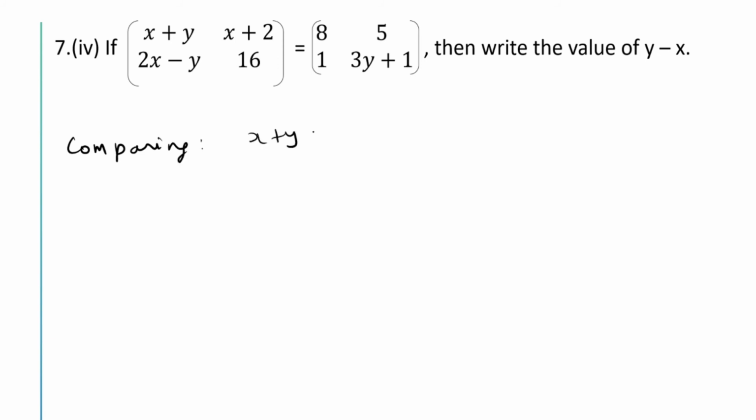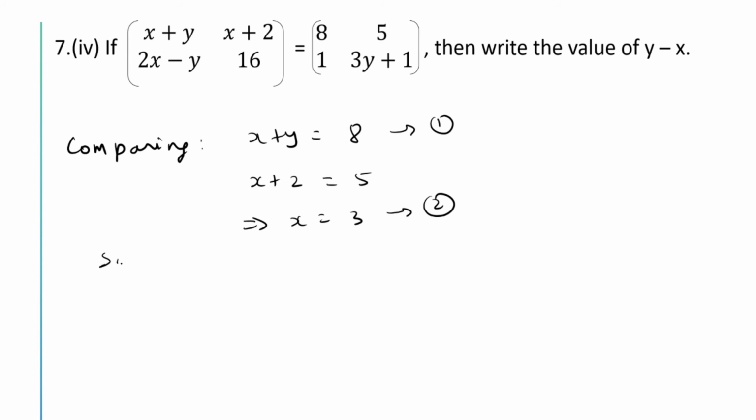x plus y is equal to 8, that is the element in the first row, first column of both the matrices, and the element in the first row, second column, x plus 2 is equal to 5. So if x plus 2 equals 5, then from this we get x is equal to 5 minus 2, it is 3.